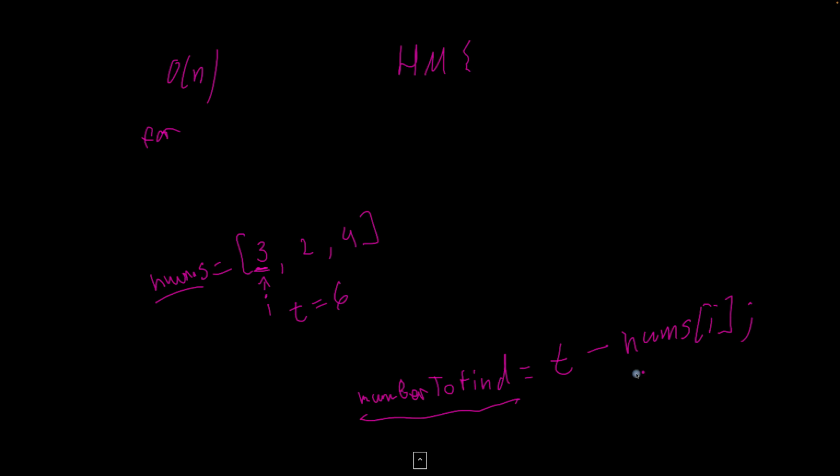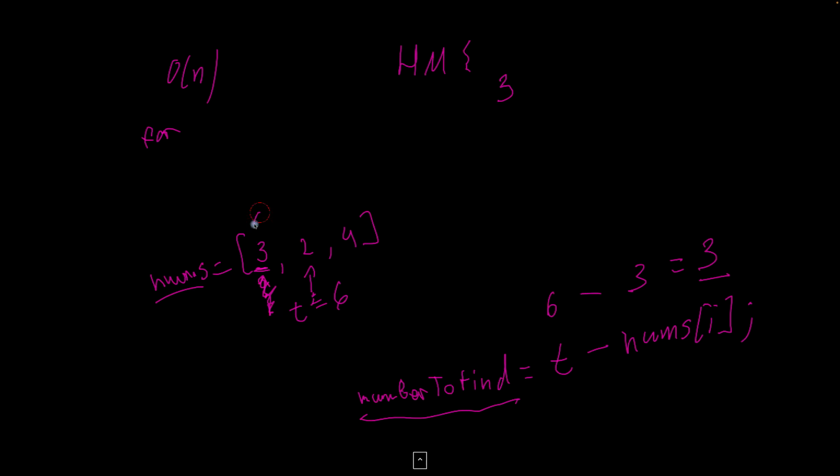And let us see now. The target is 6, the first value is 3. We have 3, right? We will put this 3 in the hash map because this is not the answer, right? Okay, then we are going to the second element here.